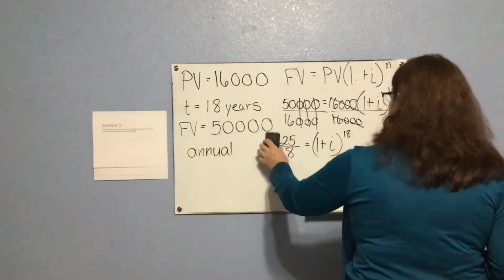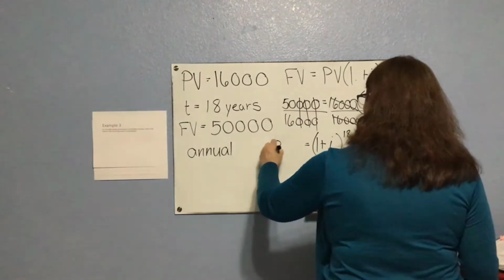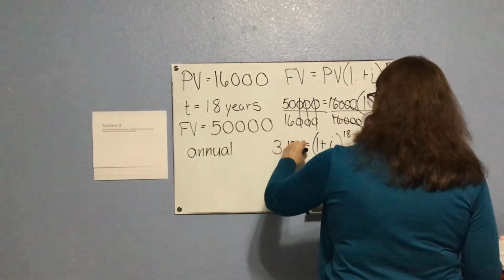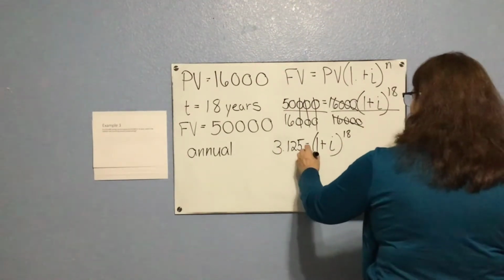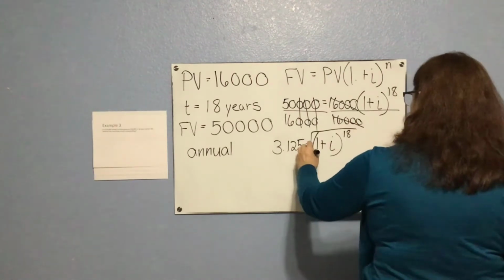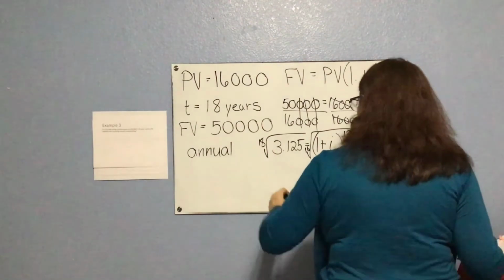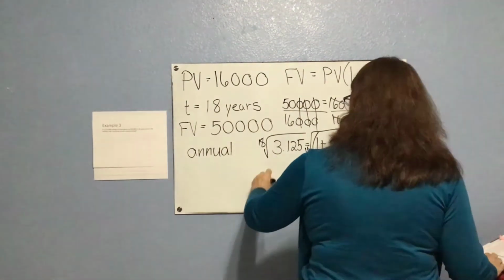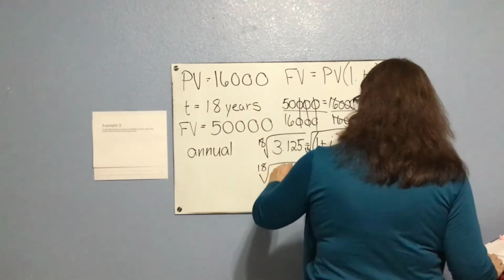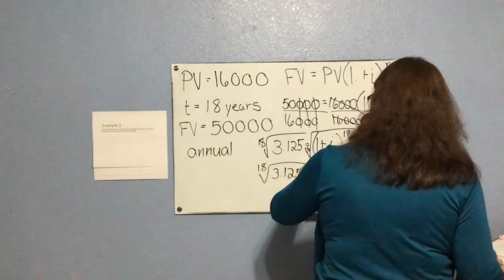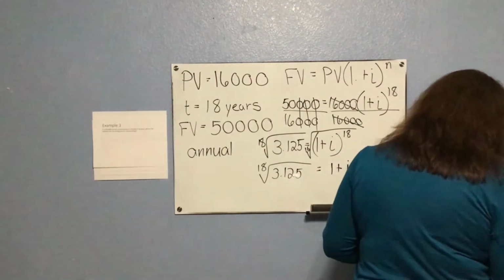And we're going to change this to a decimal, which makes it 3.125. And then to get rid of this 18th, I'm going to take the 18th root of both sides. So I'm going to have to use the calculator to get the 18th root of 3.125. And that will be equal to 1 plus the interest rate.